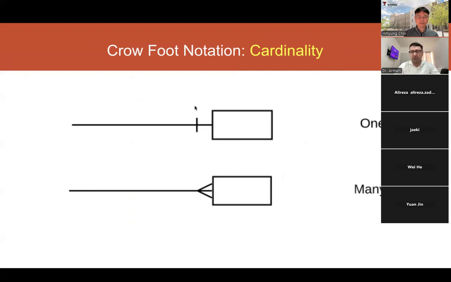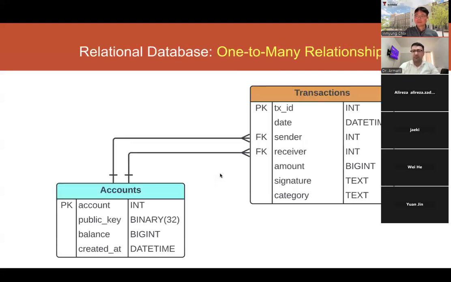So the most important symbols are this, which means one record from the other table is associated with one record from this table. The next symbol means one record from the other table can be associated with multiple records from this table. These are called cardinality.